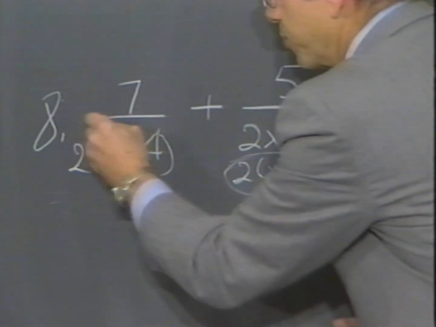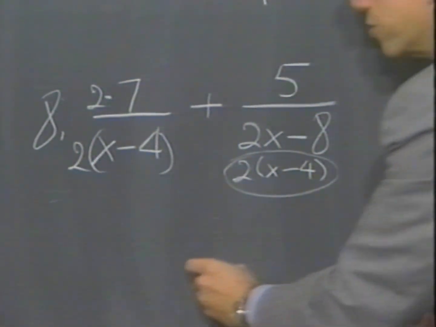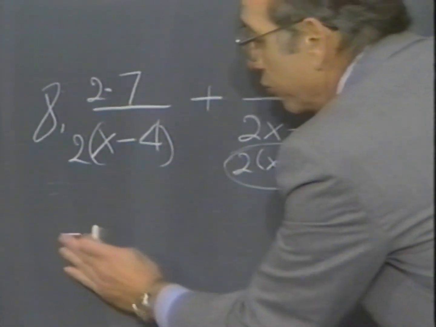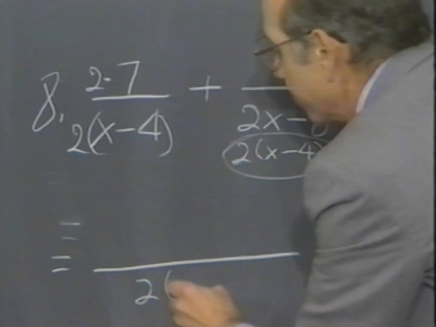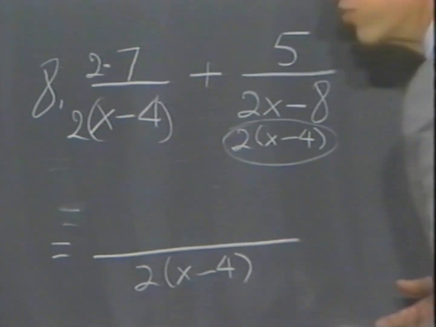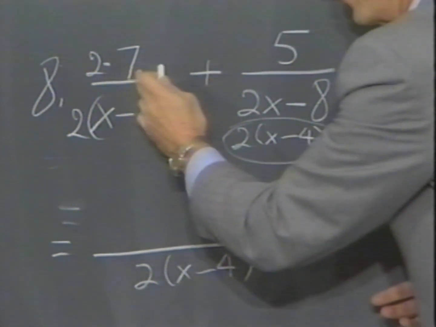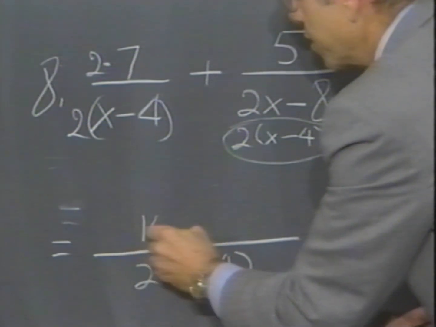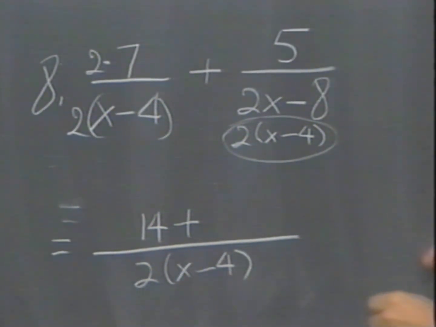Of course, if you multiply the denominator by 2, you multiply the numerator by 2. So now what I have is two fractions with the common denominator 2 times x minus 4, or you could write it as 2x minus 8. It doesn't matter which. In the numerator, you have 2 times 7 is 14, plus this numerator, which is 5.